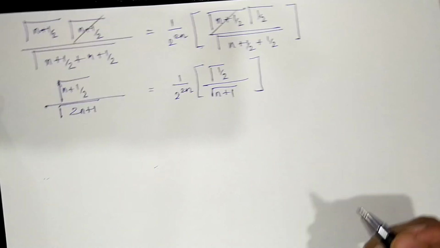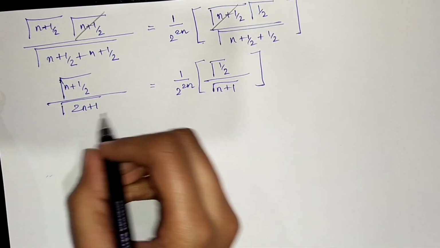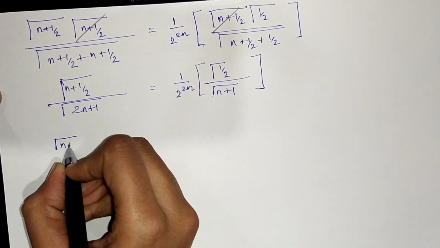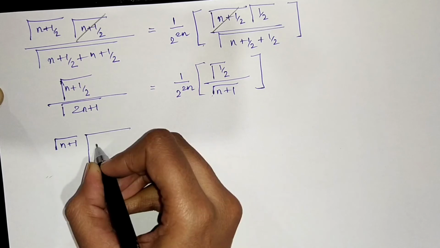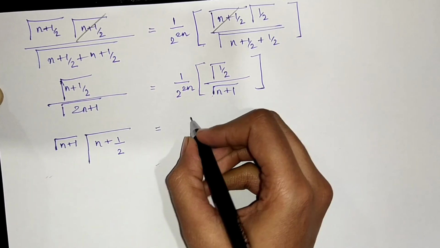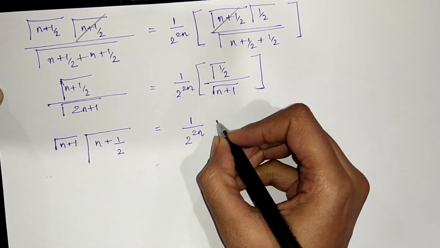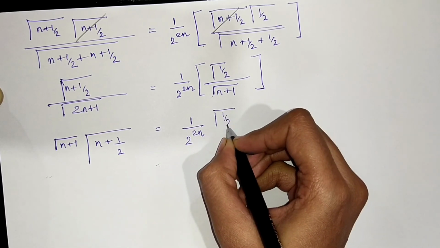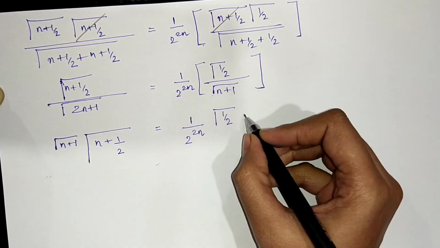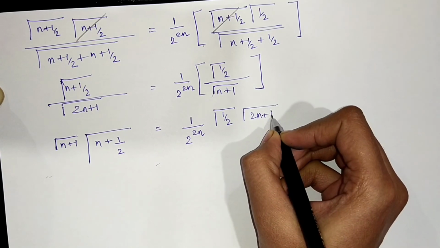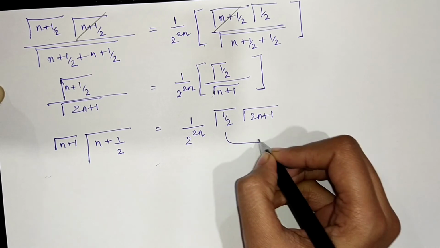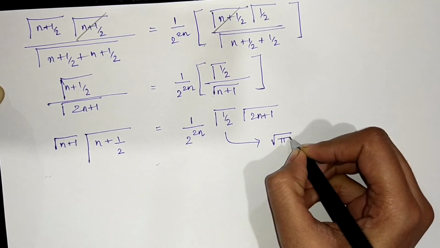Okay, so we can rewrite this equation as, if we take this term here and this term here, then we get gamma n plus 1 multiplied by gamma n plus 1 by 2 is equal to 1 upon 2 raised to 2n into gamma 1 by 2, and this gamma 2n plus 1 term we will take here, so it will be gamma 2n plus 1. But in the previous lectures I told you that the value of gamma 1 by 2 is under root pi.